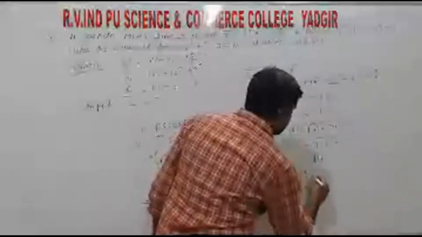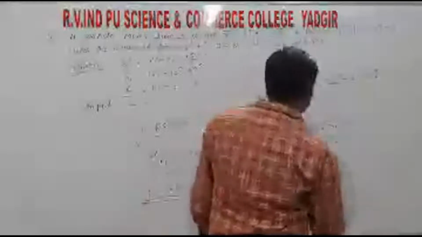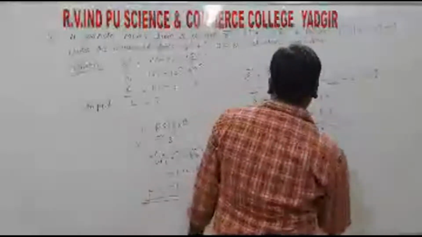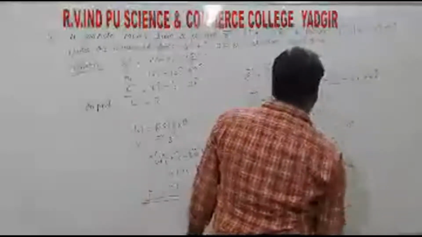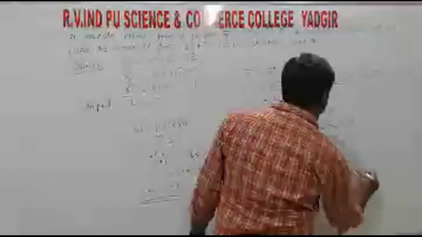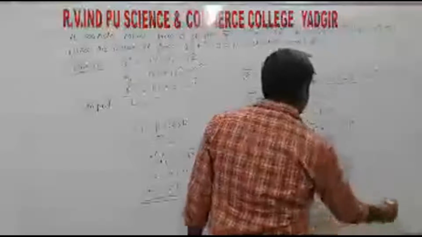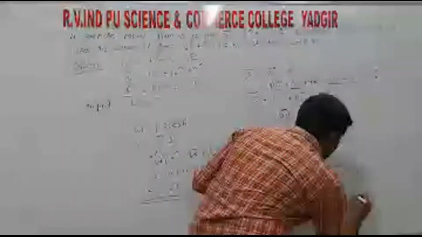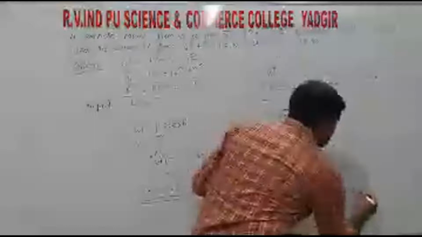Similarly displacement S, taking theta as 0, is 11 square plus 11 square plus 15 square. 11 square is 121, plus 121, plus 15 square, 225.